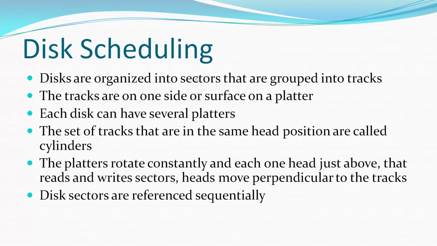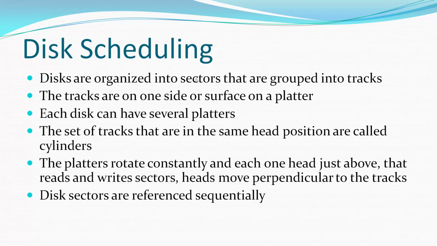And now moving on to disk scheduling. Disks are generally organized into sectors that are grouped into tracks. These tracks are on one side or a surface on a platter, and each disk can have several platters.